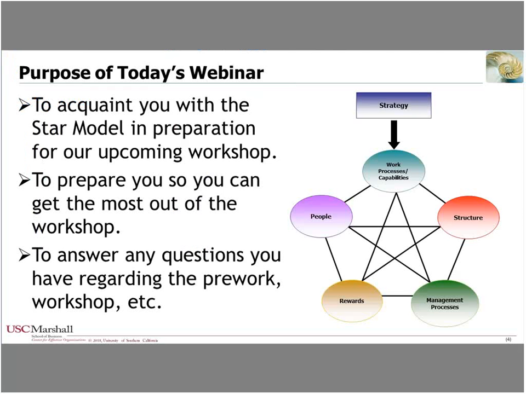Jay was a research scientist at the center for some time, and along with Sue, they started this org design program.